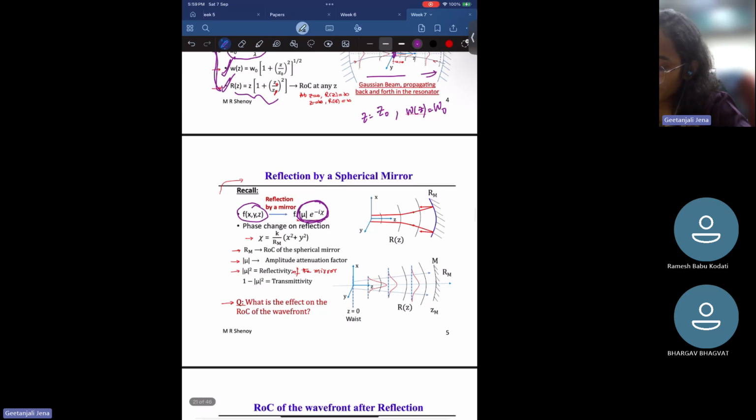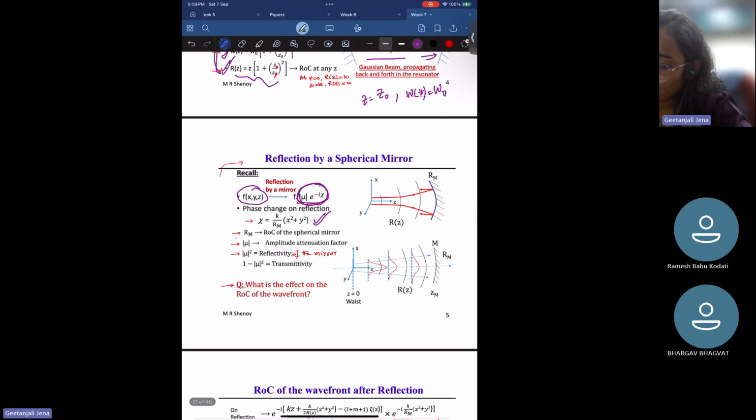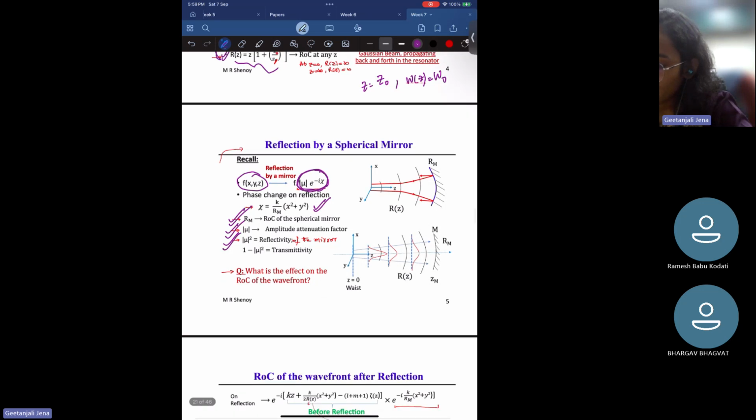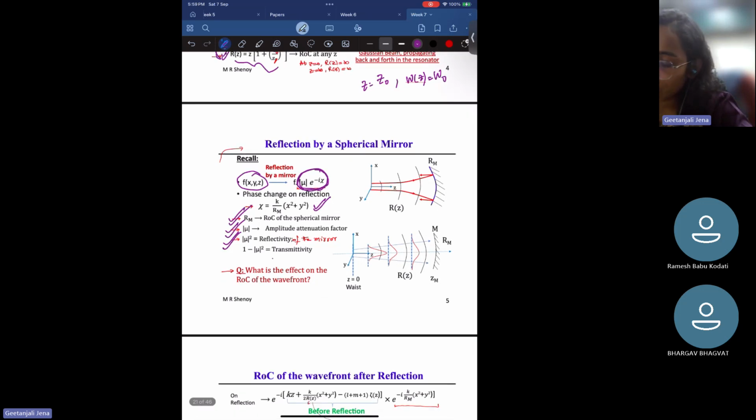And the chi here is the phase of the field, that is k by Rm times (x squared plus y squared). Okay. Rm is the ROC, mu is the amplitude attenuation factor. And if you want to find out the reflectivity of the mirror, it is nothing but mu squared. Okay. And for transmittivity, you can easily get it from the reflectivity, which is 1 minus mu squared.